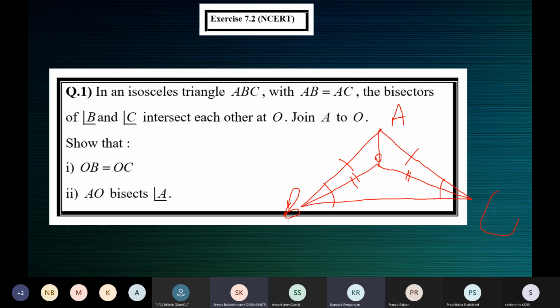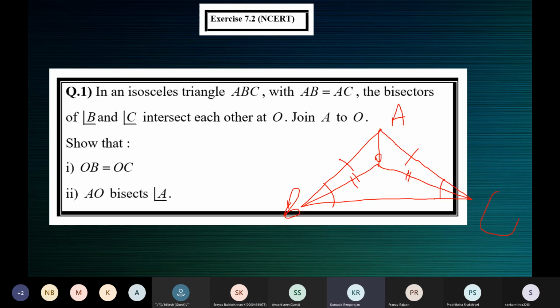Which are the two halves of angle B? Name the two halves of angle B. Ma'am, angle OBA and angle OBC, ma'am. OBA and OBC. Okay.